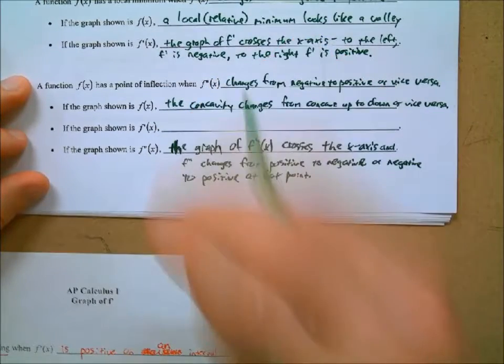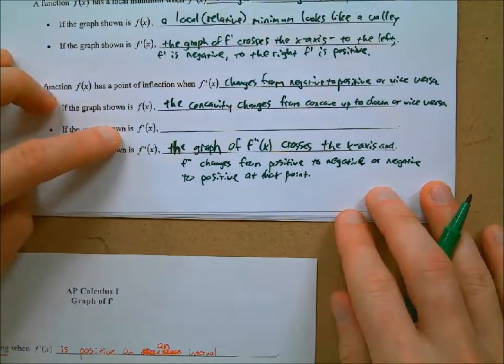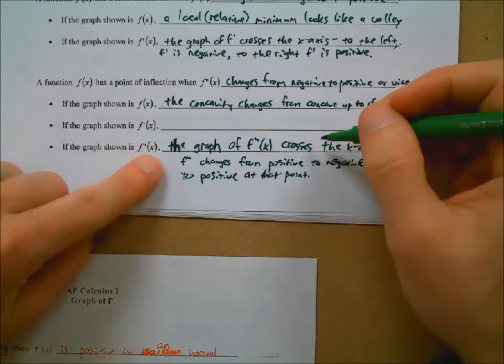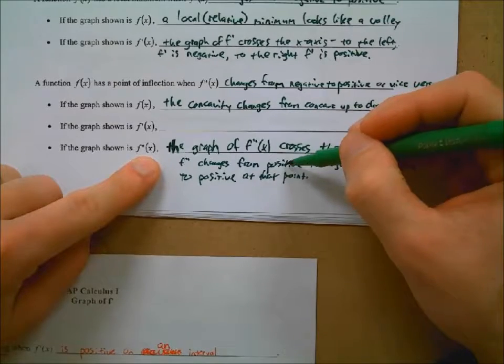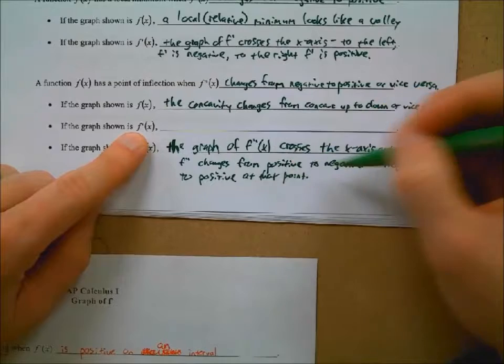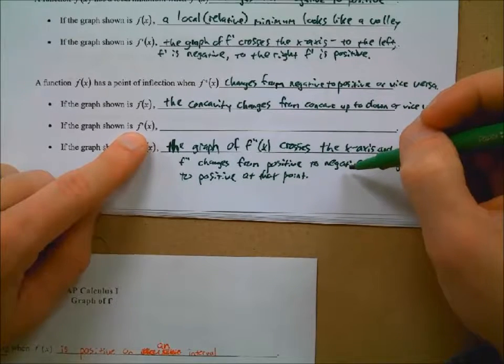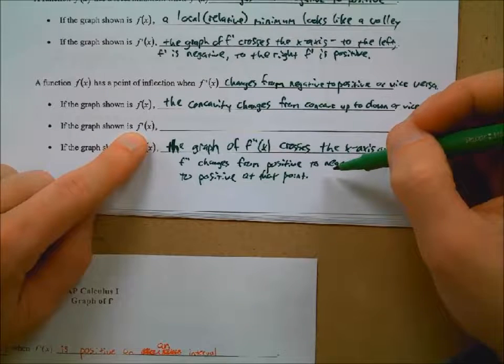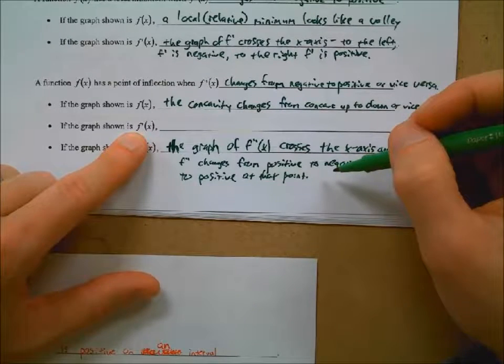They're related to each other in the same sense that f and f prime are, f prime and f double prime. So if f double prime is changing from positive to negative, f prime will be changing from increasing to decreasing. And what happens when you change from increasing to decreasing? What is there at that point? A relative what? Maximum.